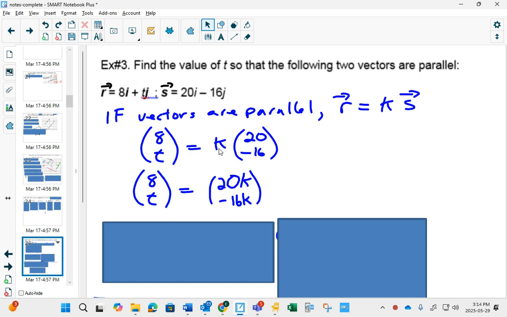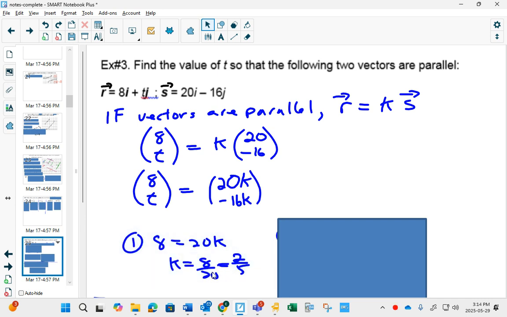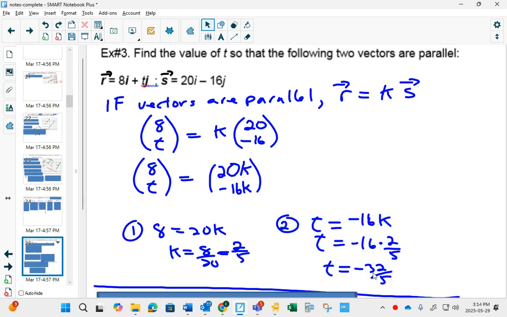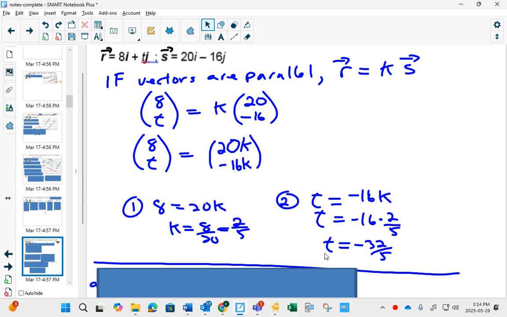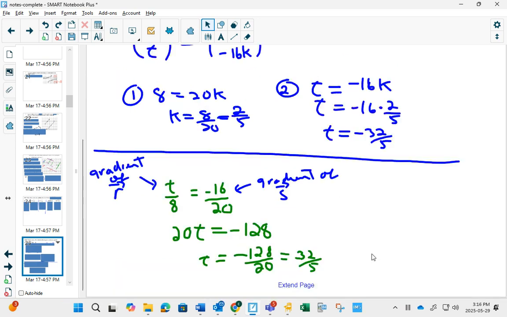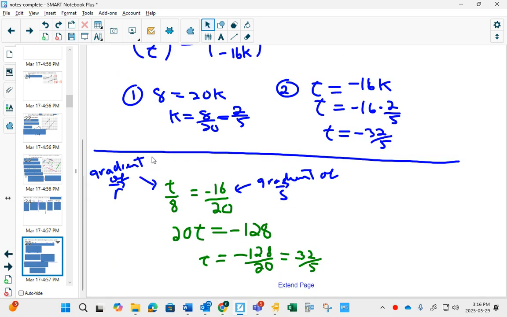So you could set it up, put the k out in front of these two, and from the top one you could solve for k, and then from the bottom one you could figure out t. Here's another way you could figure it out. You could say, I know the gradient or the slope of the vector r, here's the slope of the vector s, they have to be equal, so I just solve that equation and solve for t that way as well.